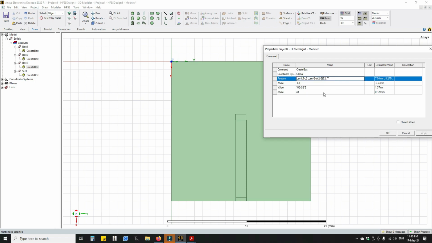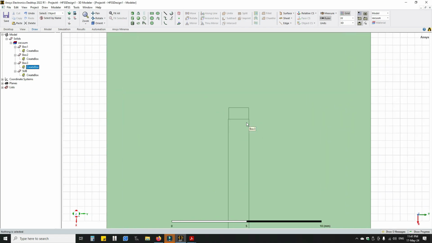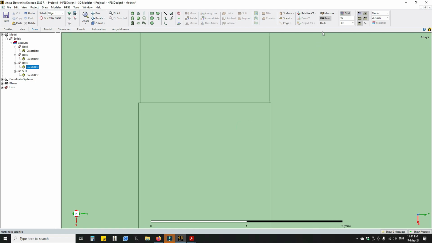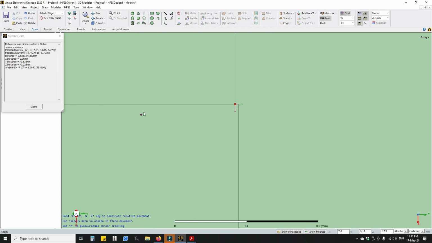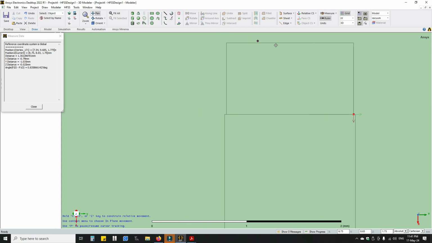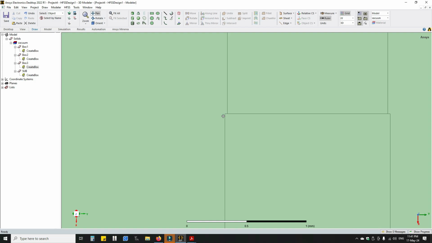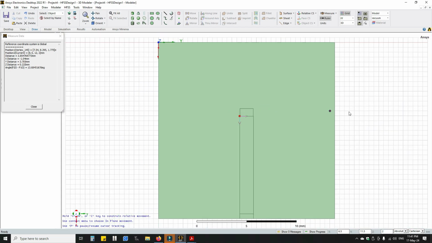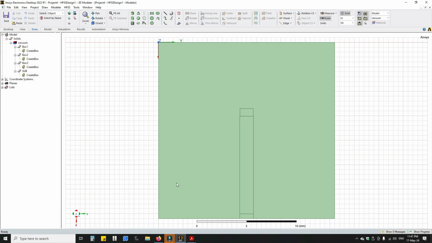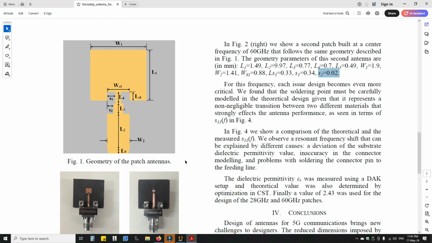Sorry, I need to add this one. Measure position from here to here, it is 0.02. Perfect. On this side, measure position here to here, it is 0.02 mm. Perfect. Go to paper, S2 is 0.02.